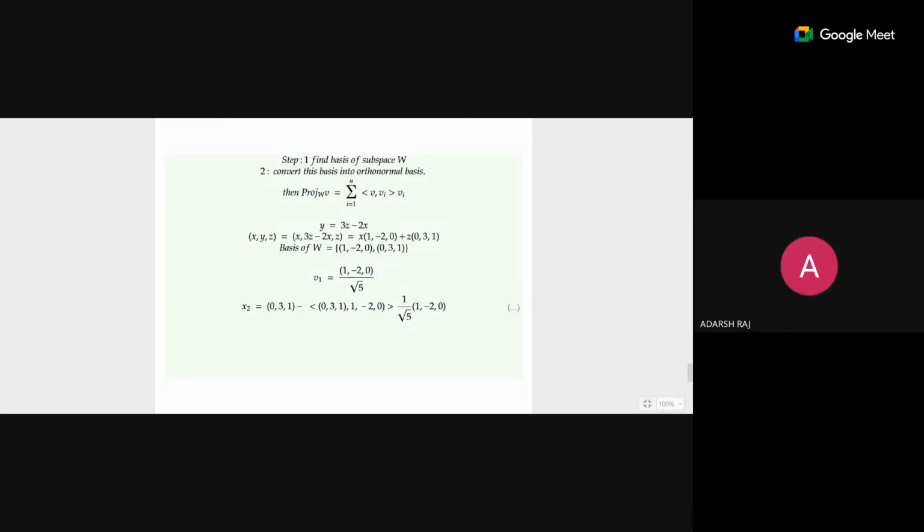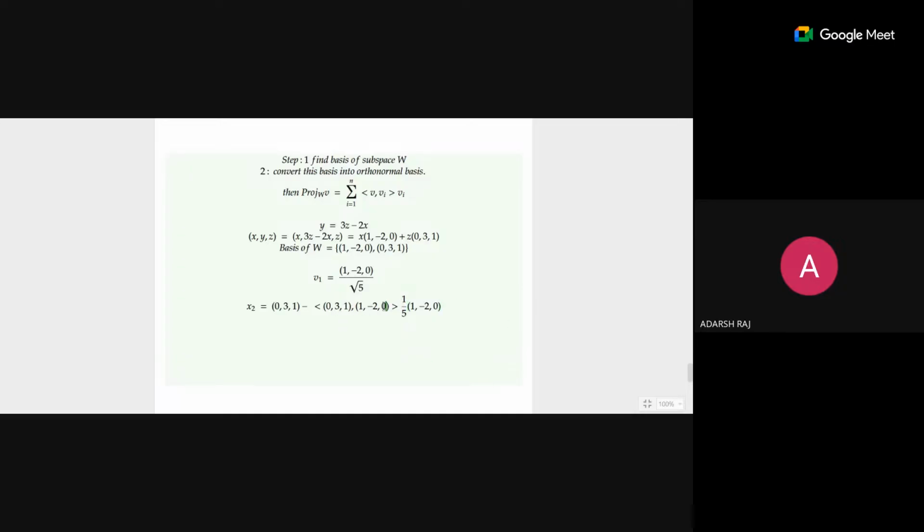If I take this outside, this is also a scalar, right? So root 5 into root 5, we get 5.